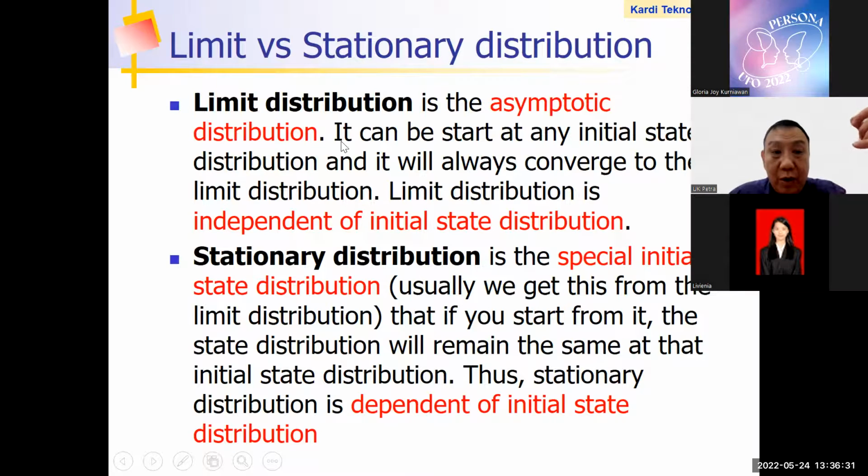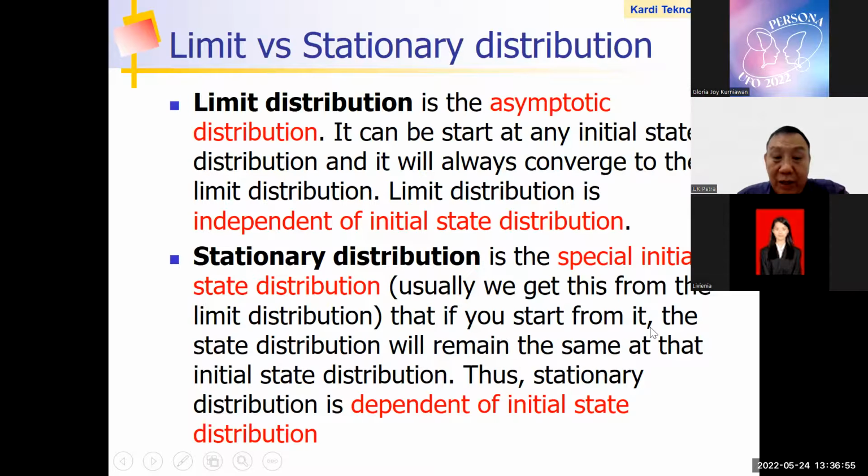When we say stationary distribution, this is actually a special initial state distribution, V0. Of course you get that from the limit distribution, when you get, say, K equals 100.